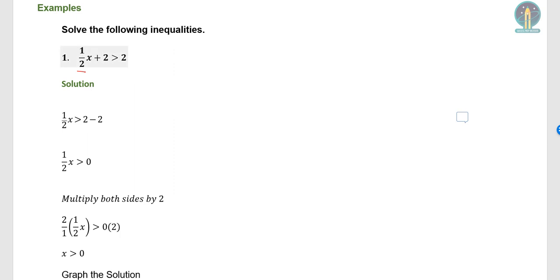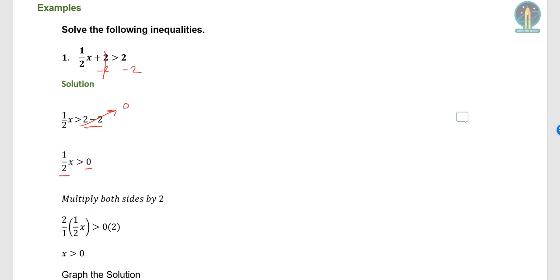So again, the goal is to isolate the variable, which in this case is x, right? Isolate it to one side. So we can say minus 2 on this side and minus 2 on this side, right? In which case plus 2 minus 2 is 0, and 2 minus 2 is also 0, right?